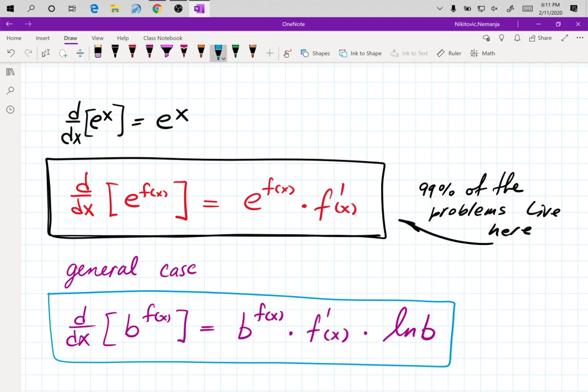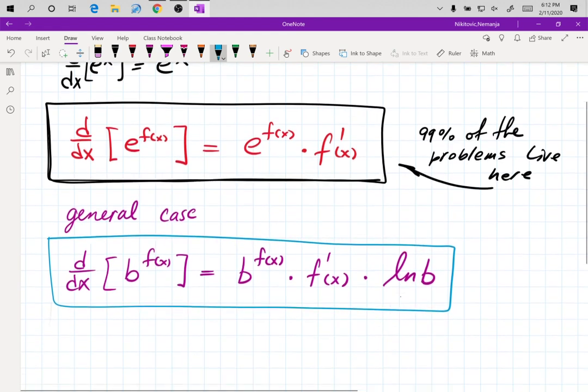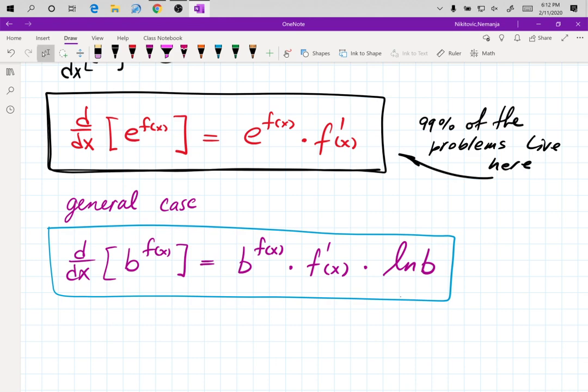Earthquake calculations in physics use base 10, right? So waves. So you are going to run into base 10, but the vast majority of them is e. So yeah, the red formula with the black case is what you need.